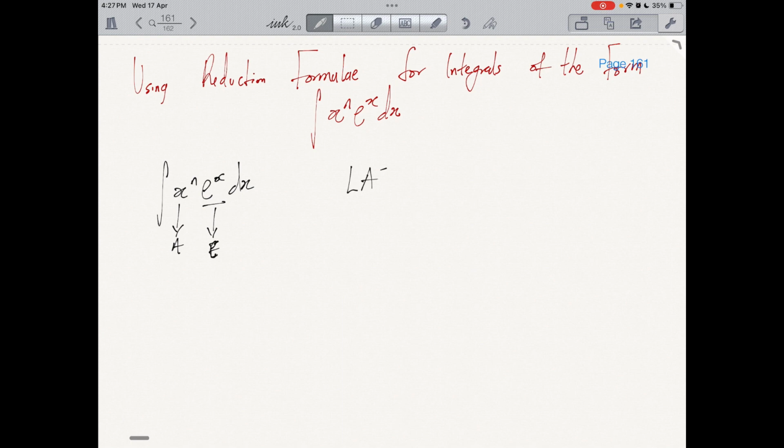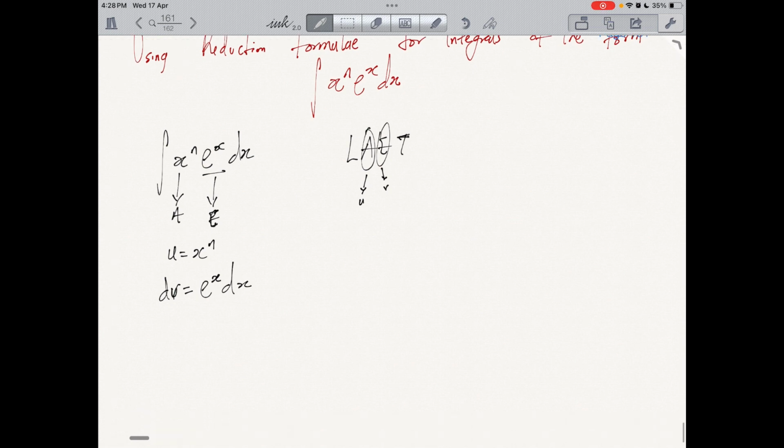Considering LIATE as we have been doing, we realize that the algebraic will be our u and the exponential will be our dv. So u will be x raised to power n and our dv is exponential x dx.